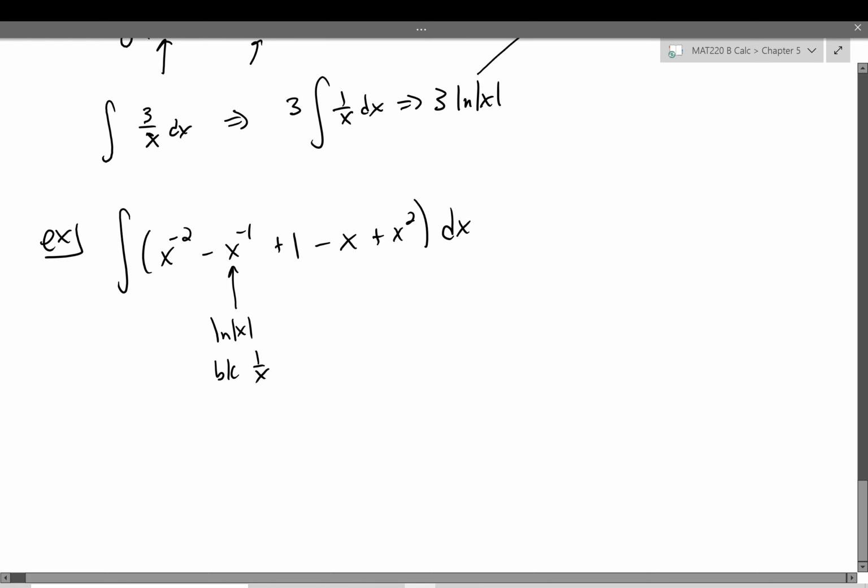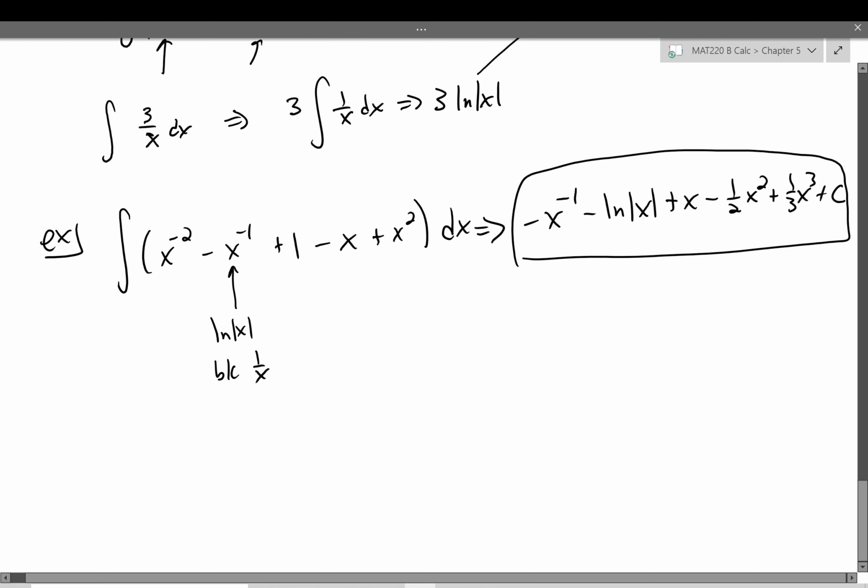All the other ones are going to be your power rule. Okay? So this is going to equal negative x to the negative 1 minus the natural log of the absolute value of x plus x minus 1/2 x squared plus 1/3 x cubed plus c. That is literally just knowing your rules.